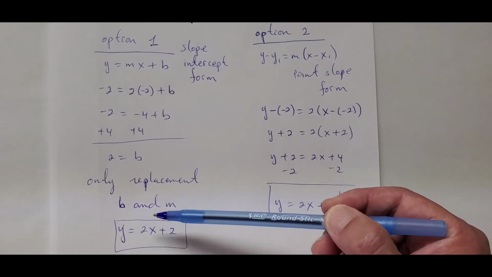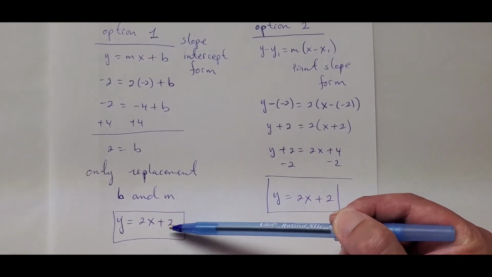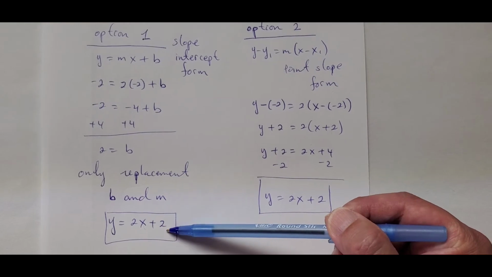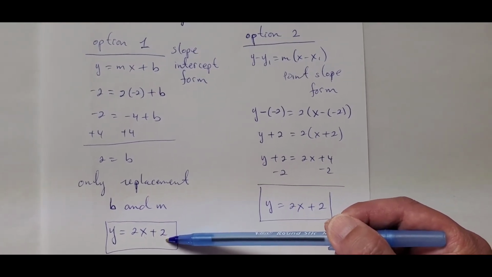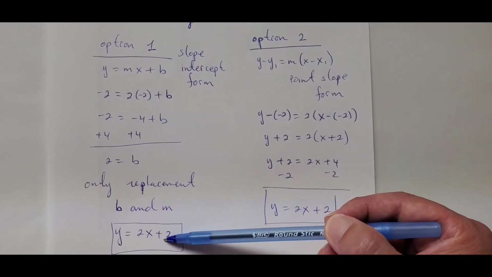Now it's a coincidence here that B and M are the same number. It will not be the same number all the time, so be very, very careful of that. So that is option 1.